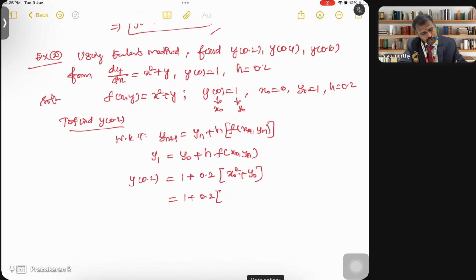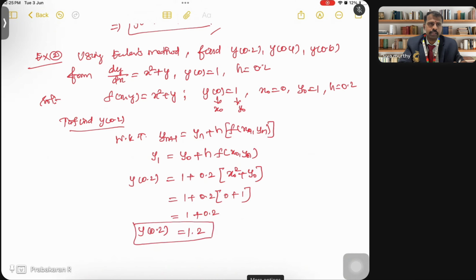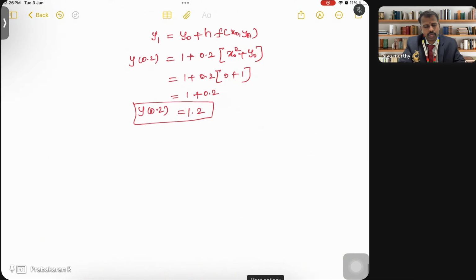Then x0 square is 0, because 0 square is 0 only. So 0 plus 1 is 1, so therefore we get 1 plus 0.2 into 1 is also 0.2. Finally we get y of 0.2 equal to 1.2 only. This is the first subdivision answer. First subdivision answer is y of 0.2 equal to 1.2, right?